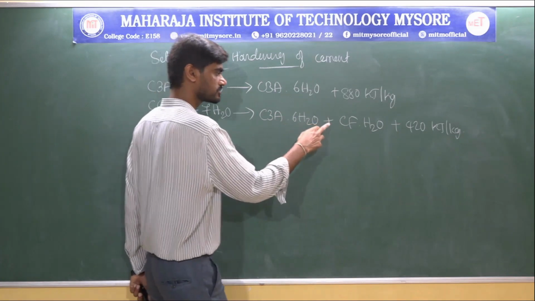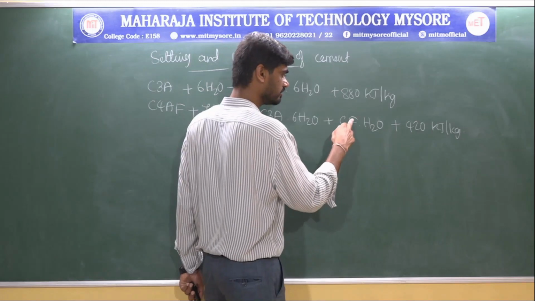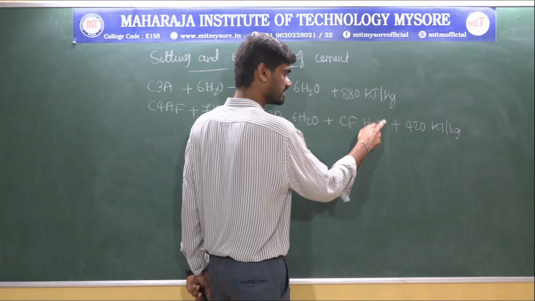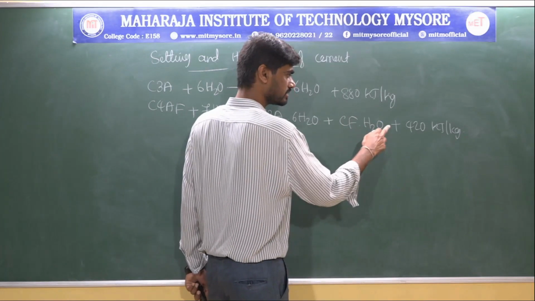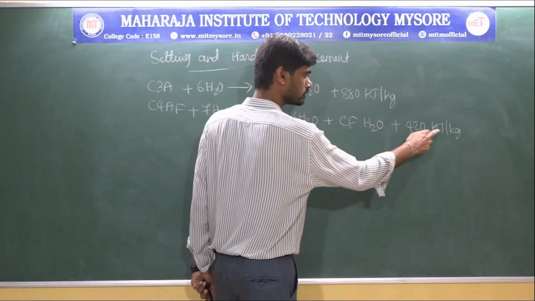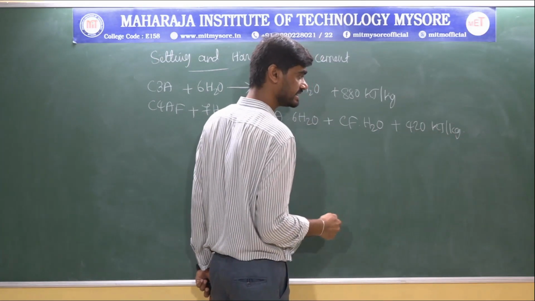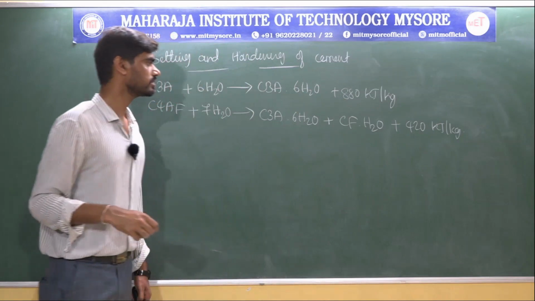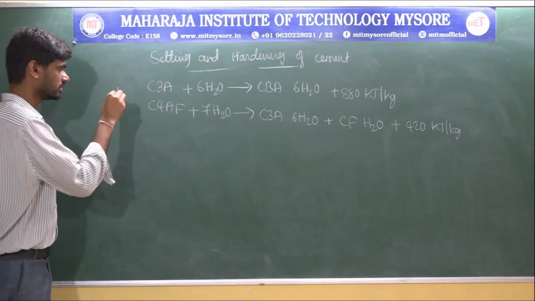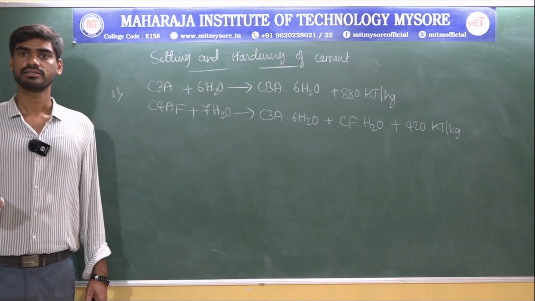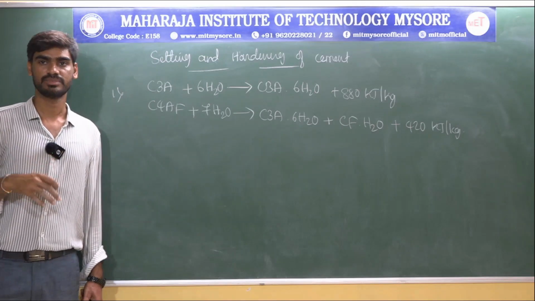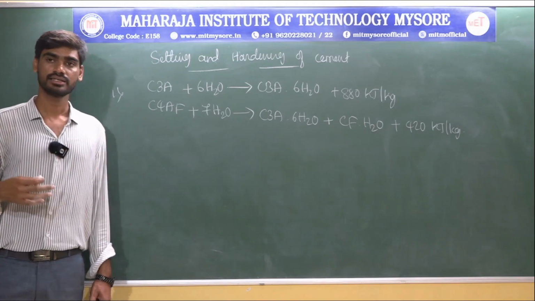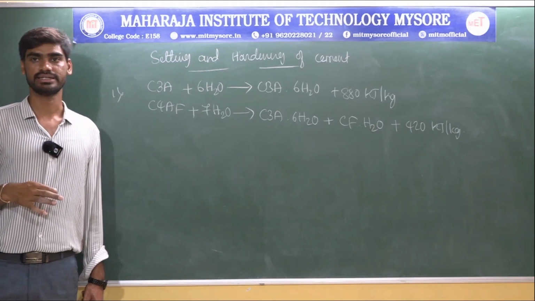In addition to that, it also generates hydrated calcium ferrite, and it generates about 420 kilojoules per kg of heat energy. So this is about the initial setting and hardening of cement, which basically happens on day one itself.